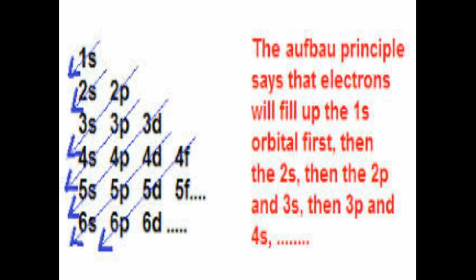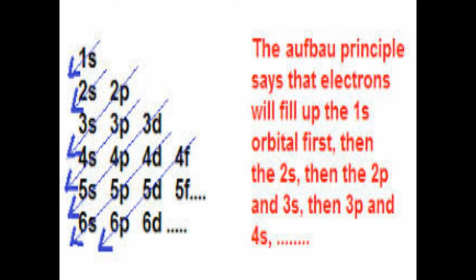So you remember we studied about K, L, M, N. For K shell the number N is 1, and for L shell the number N is 2. Similarly for M it is 3 and for N it is 4 and so on. So first we write 1, 2, 3, 4, 5, 6 in a column.